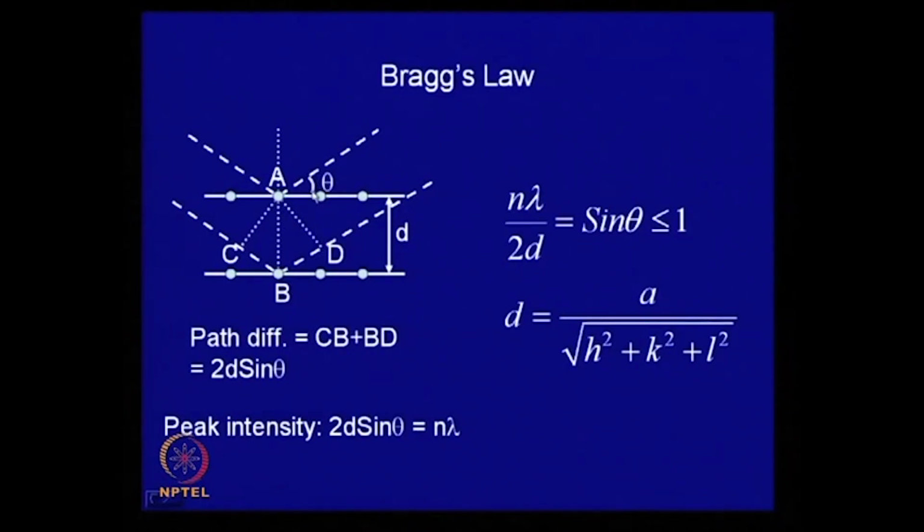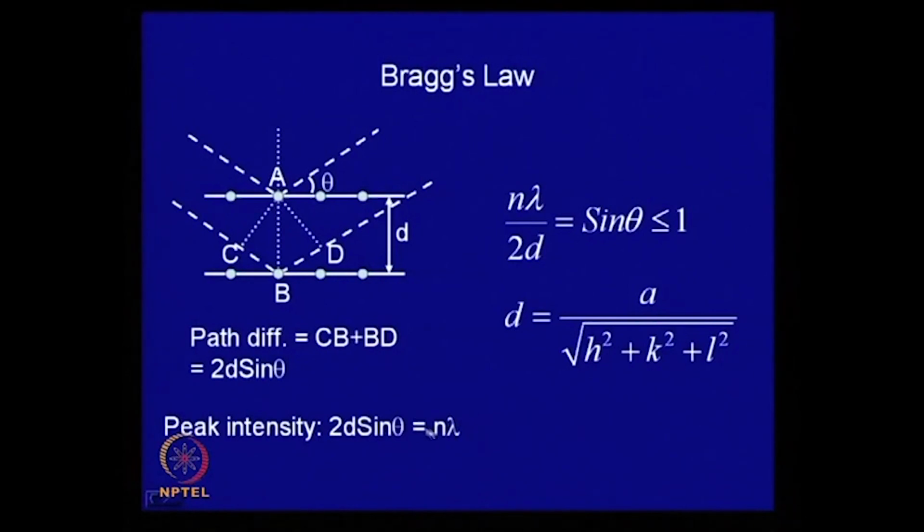See this angle, say this angle also is theta. So, this is 90 minus theta, this is perpendicular. So, this is theta. So, BD is d sin theta. Similarly, CB is also d sin theta. So, total path difference is 2d sin theta, and when this is an integral multiple of wavelength lambda, then the waves are in phase, you will get intensity maximum.